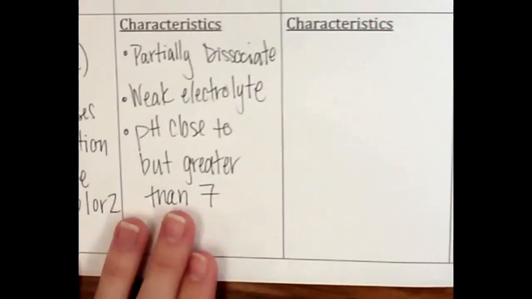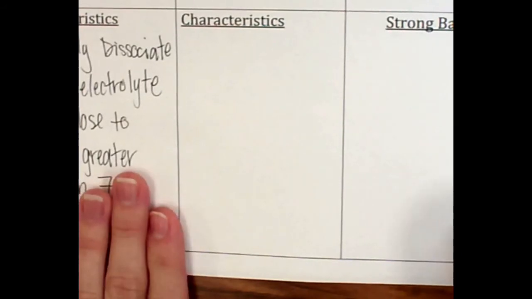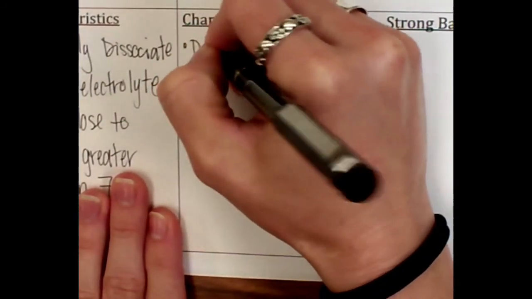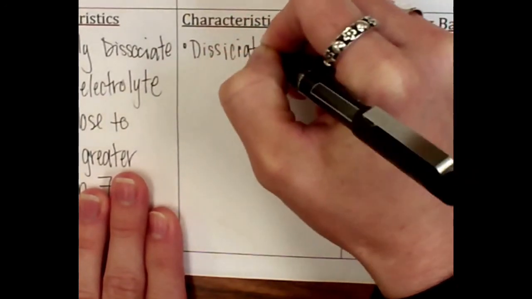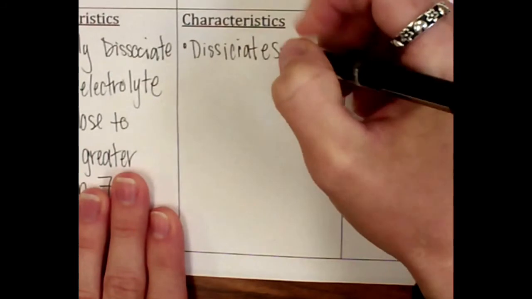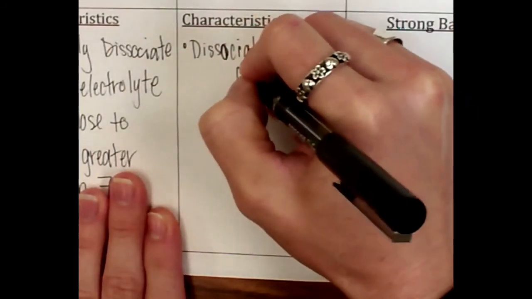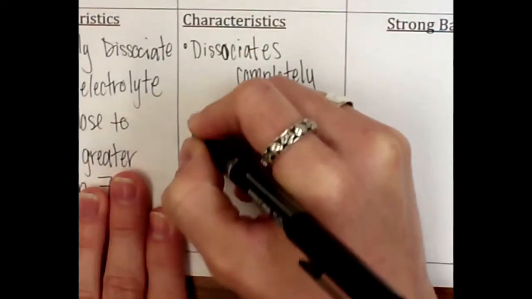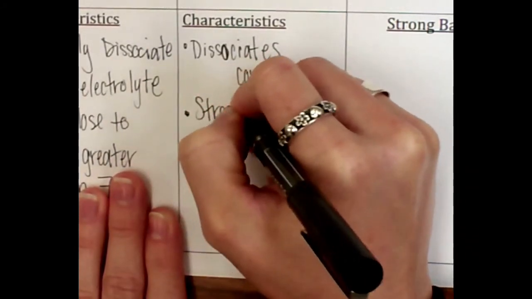Now we'll slide over to the characteristics of a strong base. These are probably similar to the strong acids. Our first one is that it's going to dissociate completely, meaning all of the molecules are going to come apart.